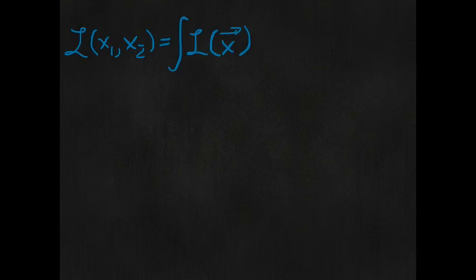In particular, I can form a marginal probability distribution of two of my variables, which we compute by integrating the full likelihood function over all the variables except for the two that I'm interested in.